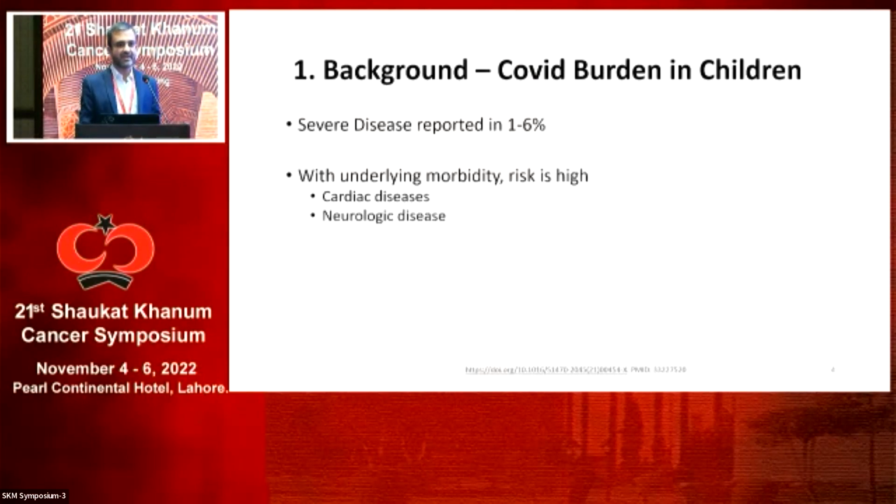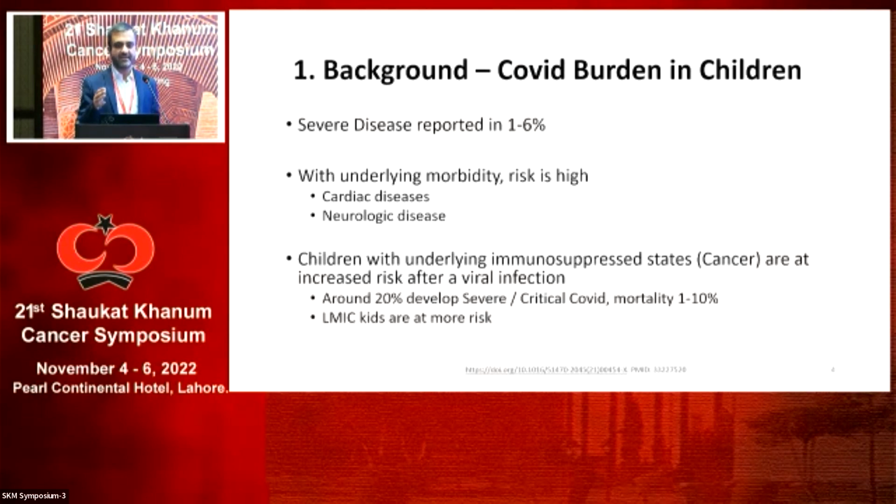Children with underlying comorbidities like cardiorespiratory illnesses, cancer or obesity have more severe disease, and it has been shown that they are at risk of dying from COVID if a comorbidity is present. Children who are immunosuppressed or have underlying cancer are at increased risk.